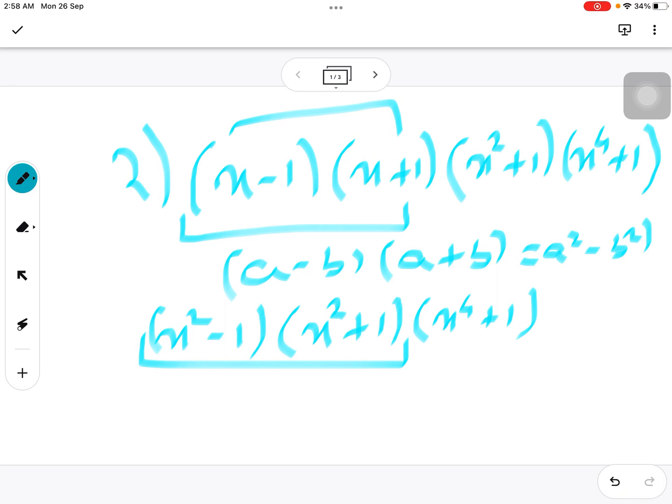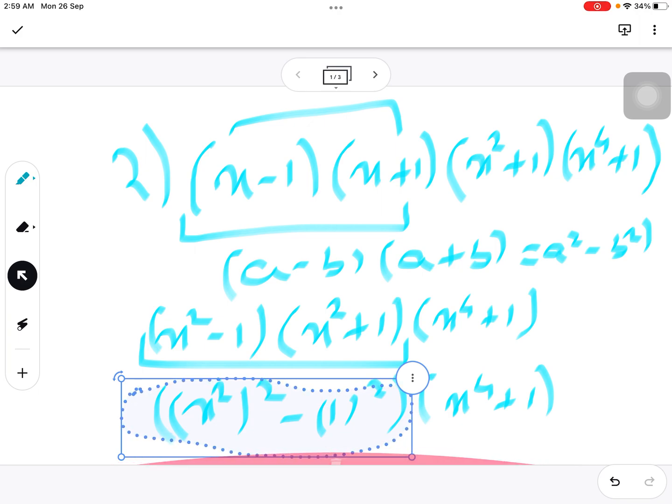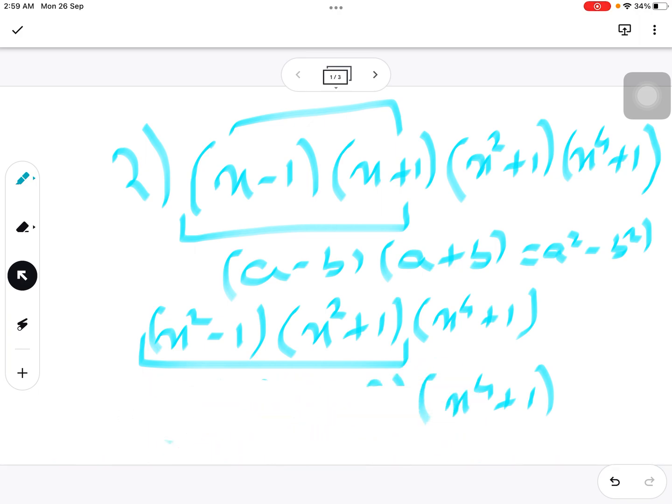So x square whole square, you should not write x square minus 1, x square whole square, that is x to the power 4 minus 1. So this becomes x to the power 4 minus 1 into x to the power 4 plus 1.